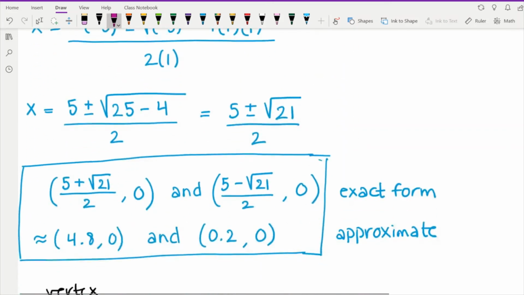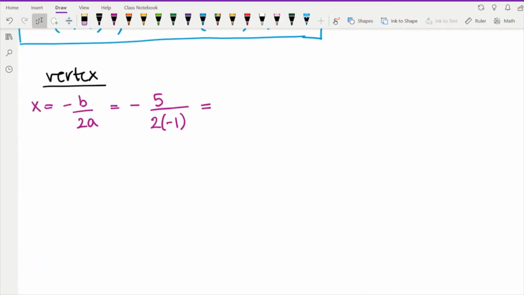When you're using the function itself, you can't just randomly divide by -1. So when you get back to things like the vertex, go back to the original function. Make sure that you understand that what you're using is the function itself. So we're going to get negative 5 over negative 2, and so that simplifies to positive 5 over 2.